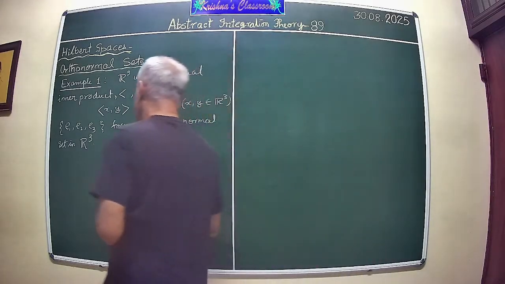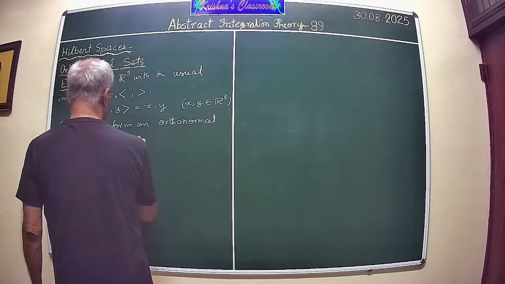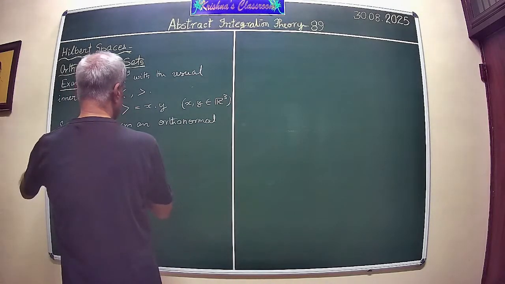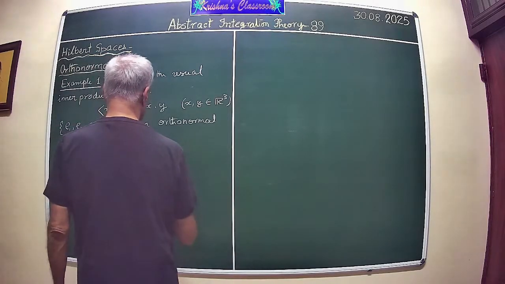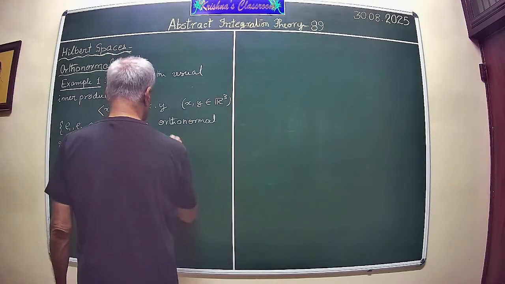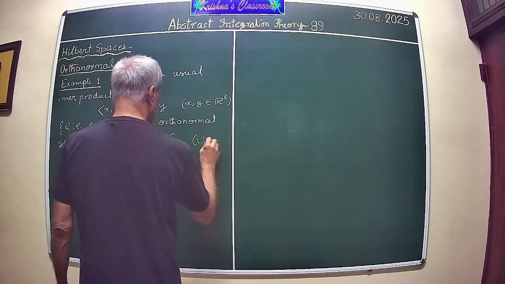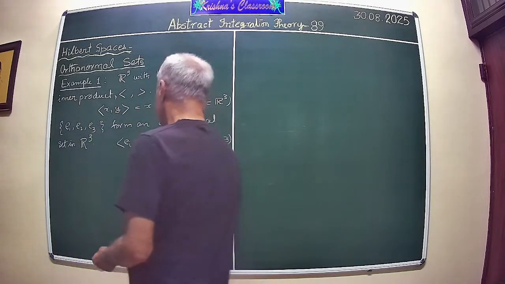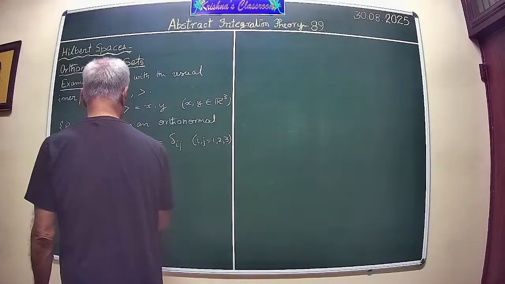So what you have is that the inner product of EI and EJ is the usual one, and this is actually EI dot EJ.